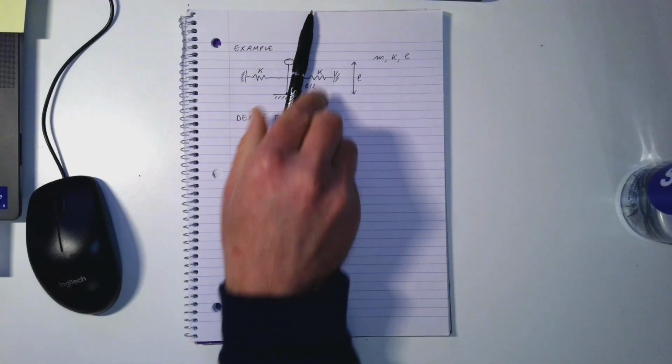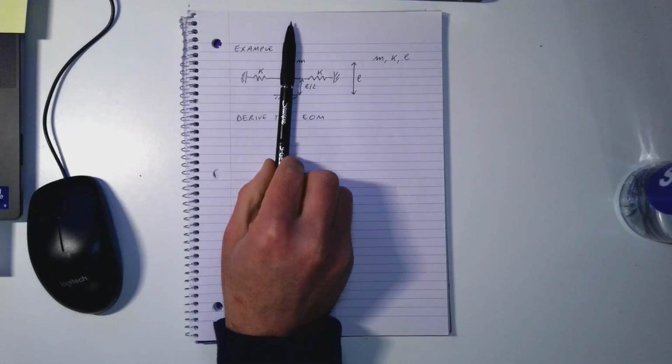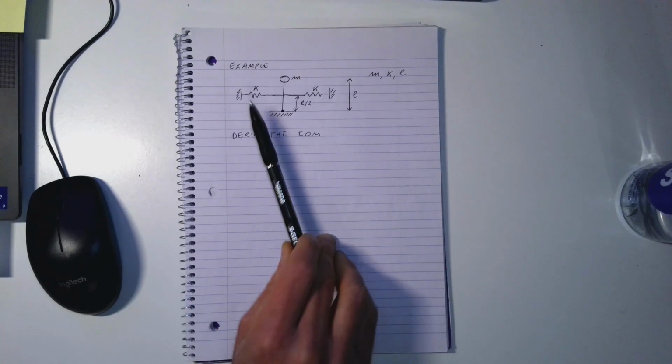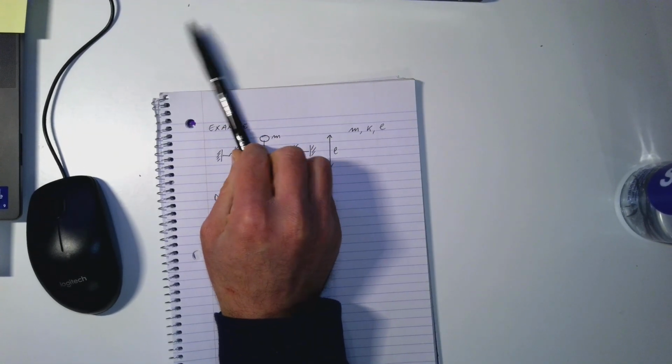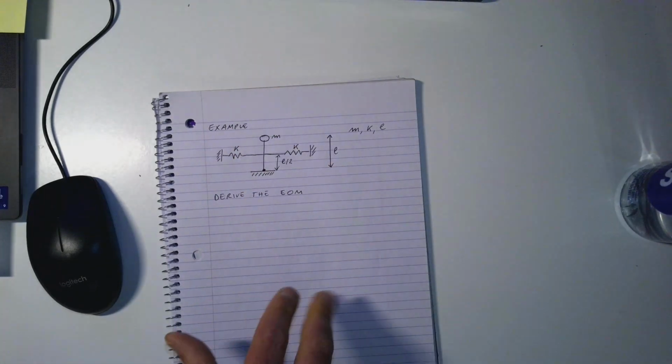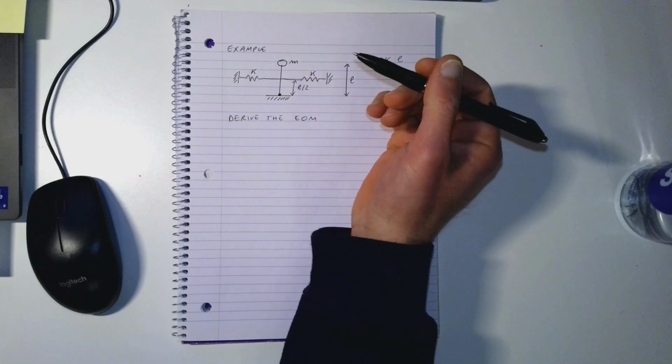So what happens in this case is that the motion of this rod with respect to this point would look like this. This configuration actually has a name: it is called an inverted pendulum.